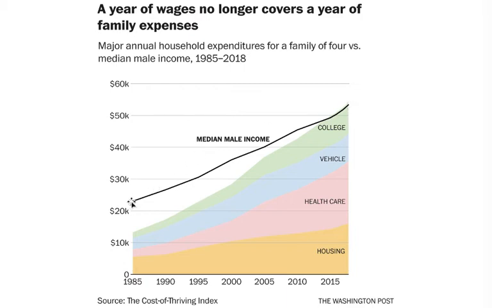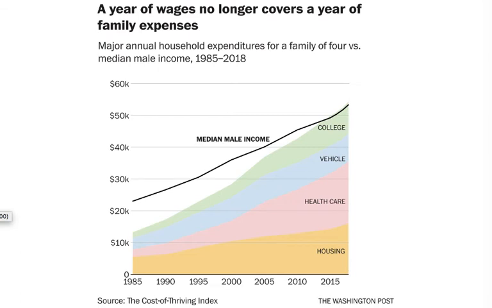Versus the median male's wages, if this is about $23,000 on the left, here it's about $52,000 on the right. So it's only gone up by times 2.5, between 2 and 2.5. All right. So that's looking at wages compared to inflation.